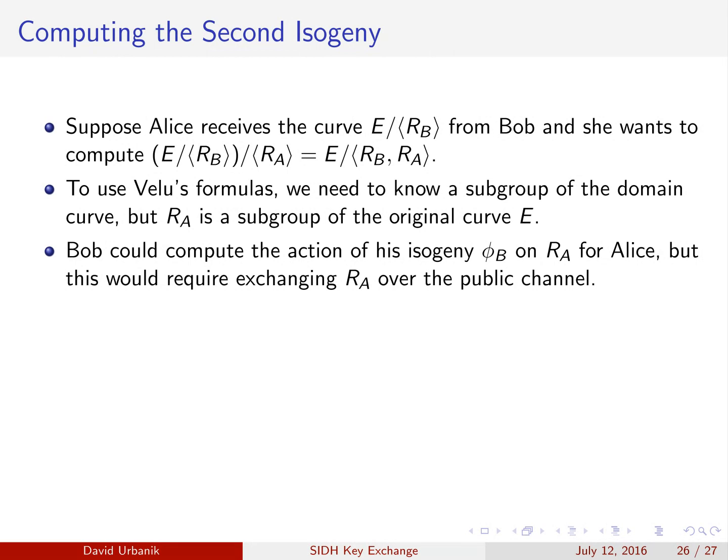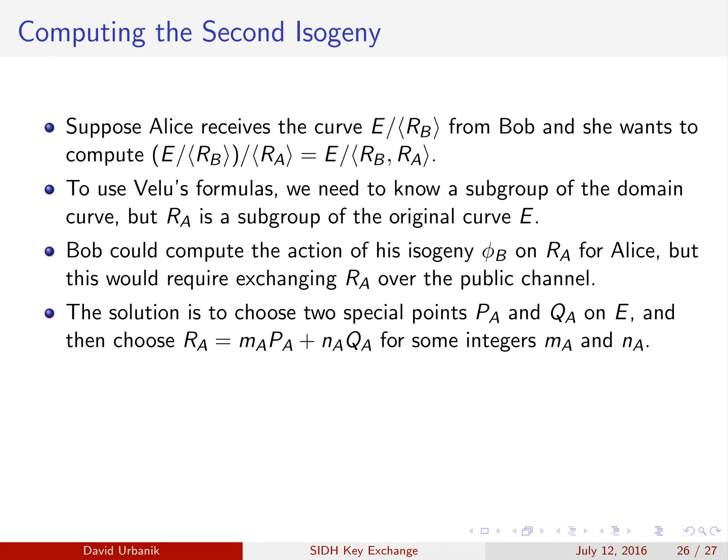And so you have come up with a different, very special way of choosing these subgroups that you're quotienting by. The way you do it is you choose special points, P_A and Q_A, on the elliptic curve, which generate the right sort of subgroup. And then Alice picks some integers, and she computes a linear combination of these 2 points.